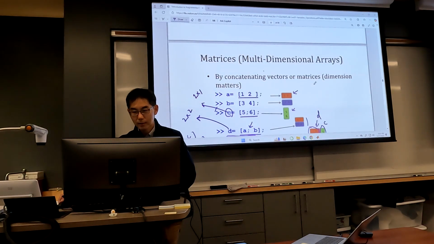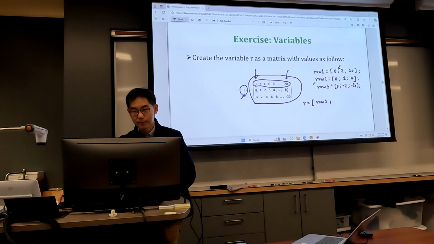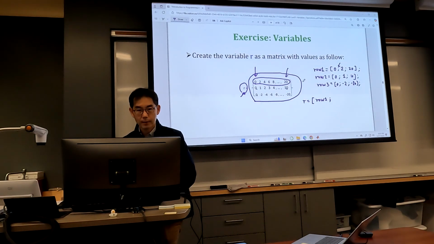Please correct my mistake if I made one. So let me correct it. This one is not a semicolon, it's a colon, and colon again. After that, this is a semicolon. Row 1, semicolon, row 2, semicolon, and row 3.